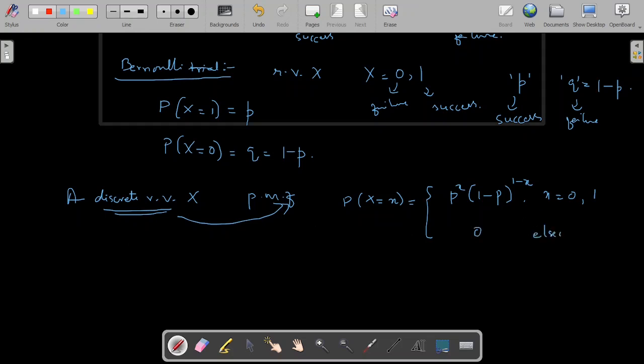That is, p to the power x into q to the power 1 minus x.